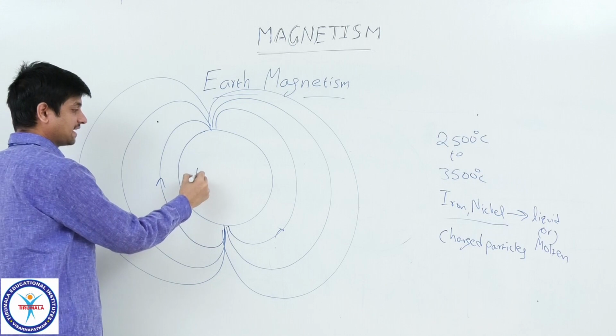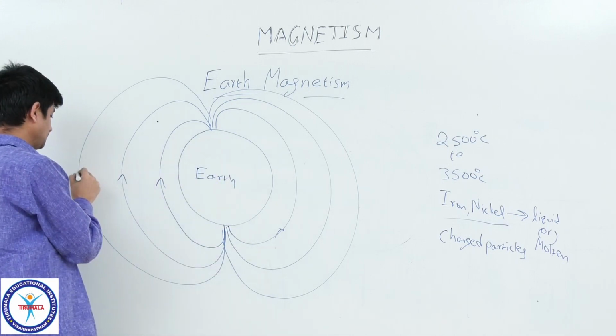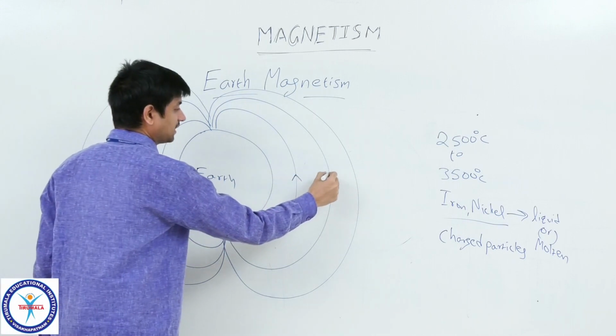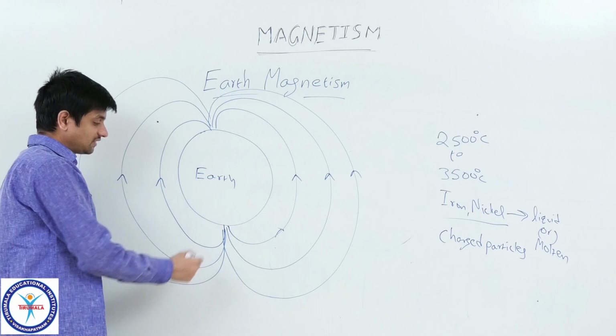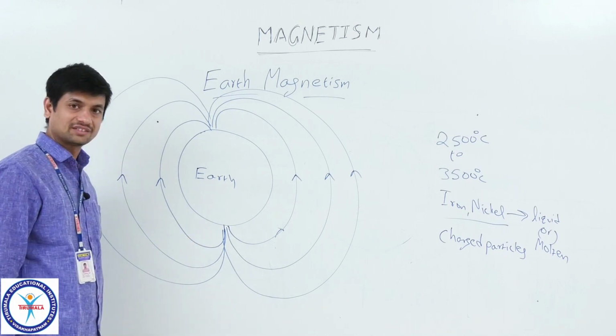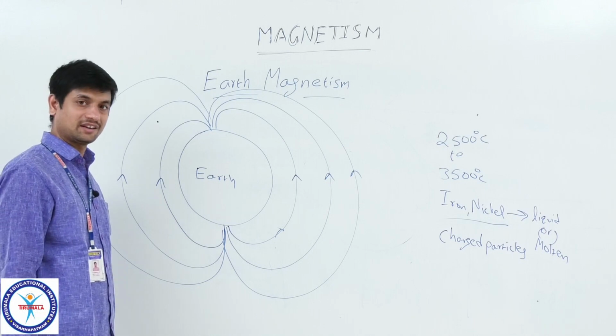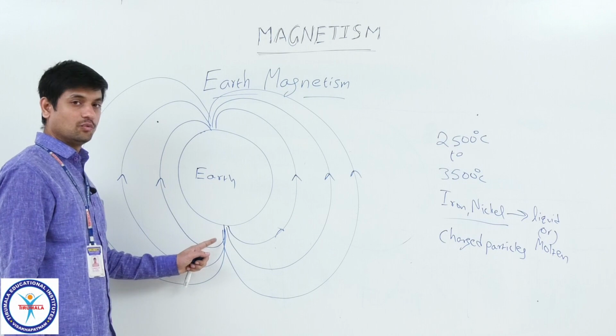So around the planet Earth, you will have these types of magnetic field lines. You can see we already assumed the field lines come from the north pole and enter into the south pole. We assumed the direction and we referred to that.